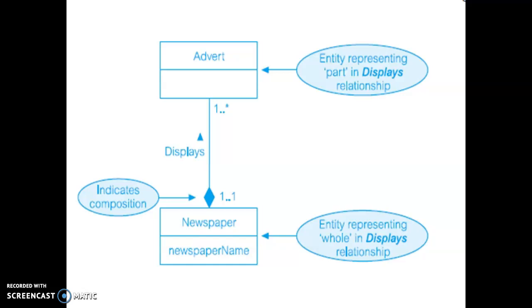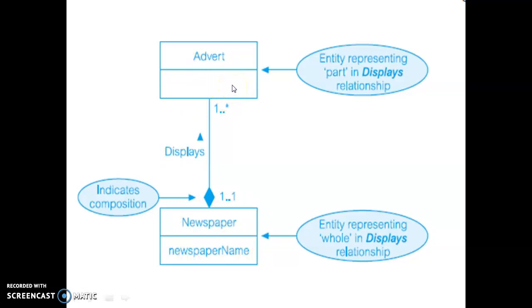Let us see with an example. Consider the displays relationship which relates the newspaper entity to the advertisement entity. An advertisement entity is a part which belongs to exactly one newspaper entity, that is the whole. Here newspaper is whole, advertisement is part.